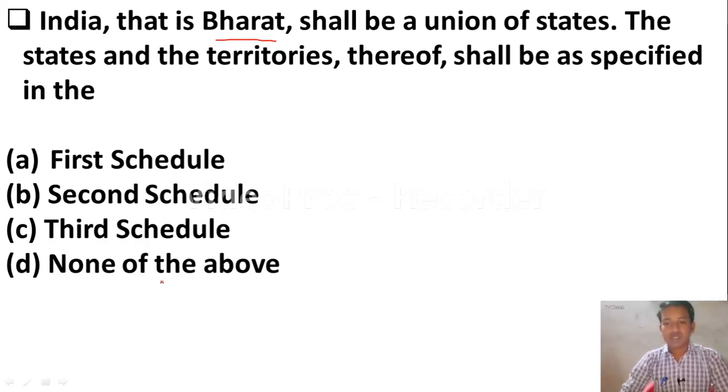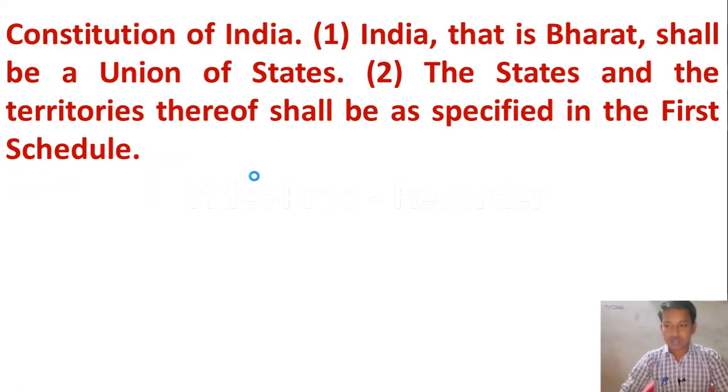The states and the territories thereof shall be as specified in the first schedule. So option A is the correct answer. Here you can see the explanation. Constitution of India: India, that is Bharat, shall be a union of states. And the states and the territories shall be specified in the first schedule. Please remember this.